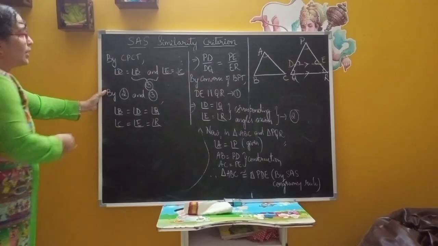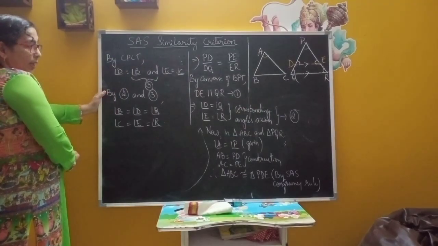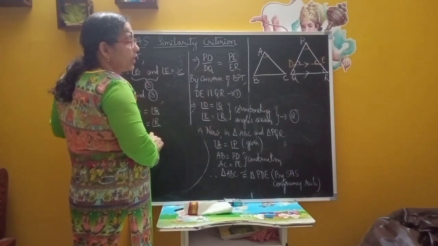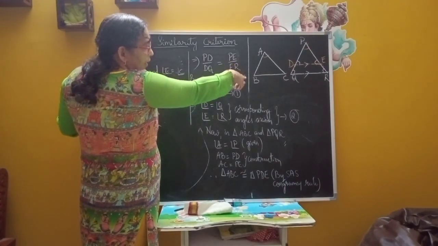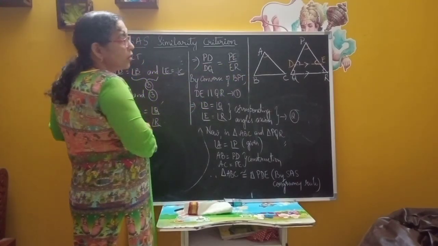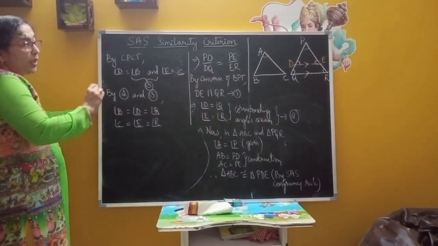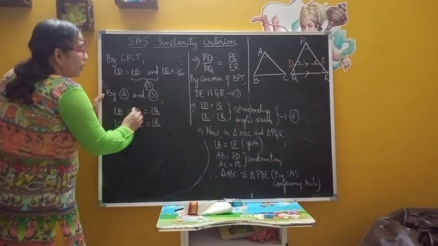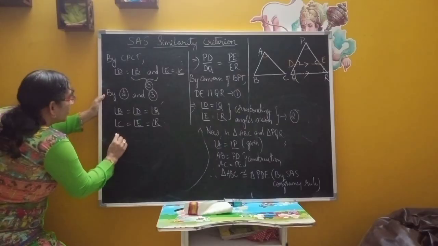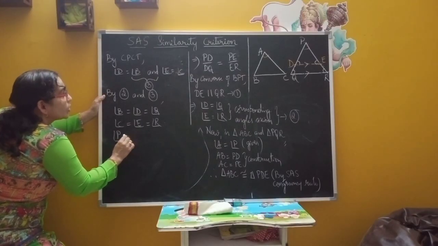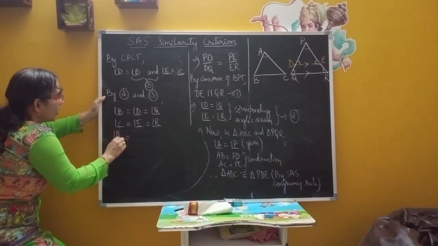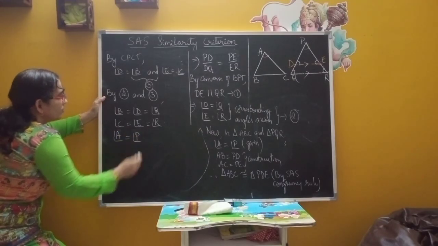Okay. Already we know angle A is equal to angle P. So what do we say? By AAA criterion, we can say triangle ABC is similar to triangle PQR. So let us write now. Angle P is equal to angle A, or angle A is equal to angle P, given this part.